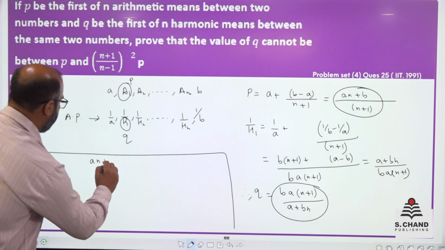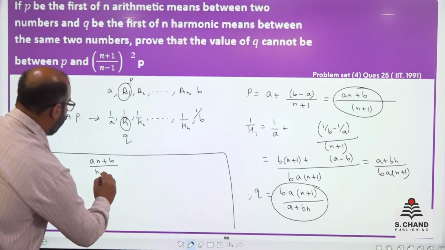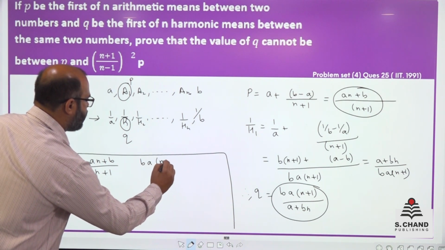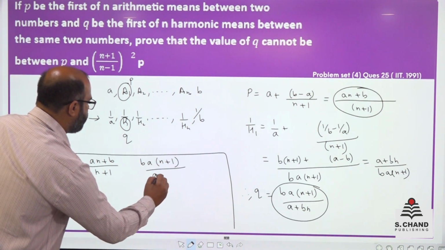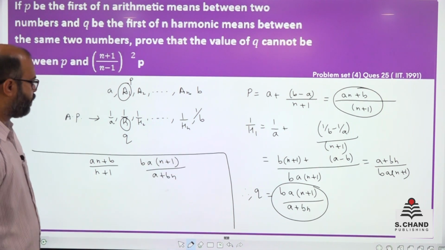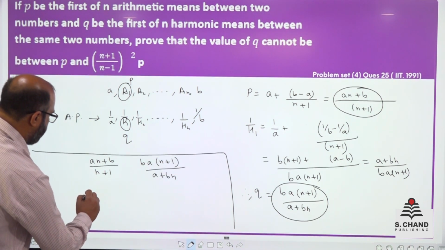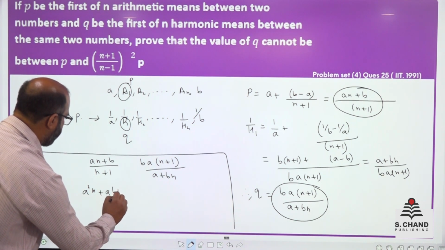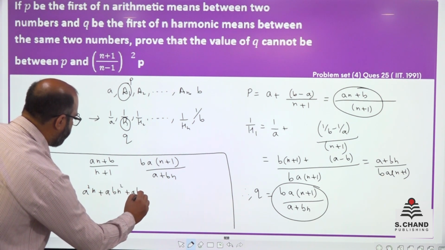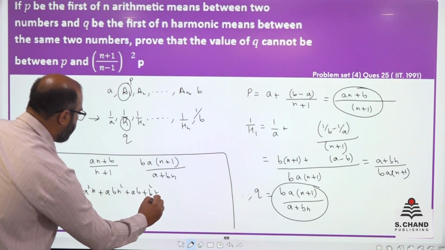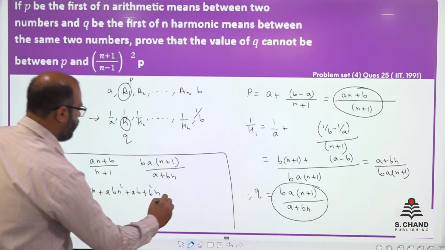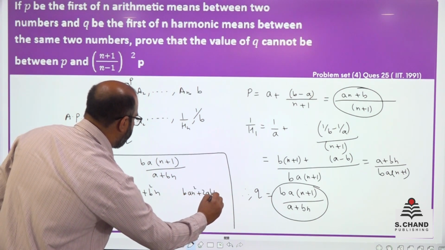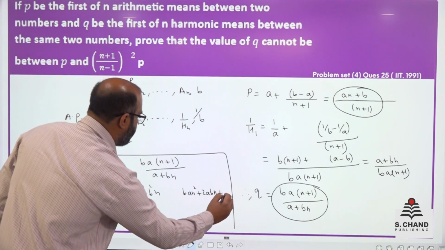(An plus B) by (n plus 1), which is actually P, and BA(n+1) upon (A plus Bn), which is Q. Now let us cross multiply. It will become A²n plus ABn² plus AB plus B²n, and the other side BAn² plus 2ABn plus AB.